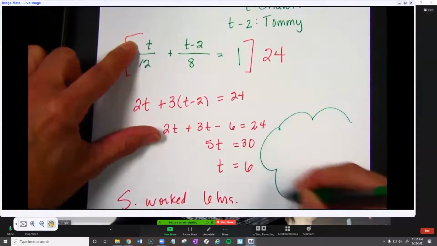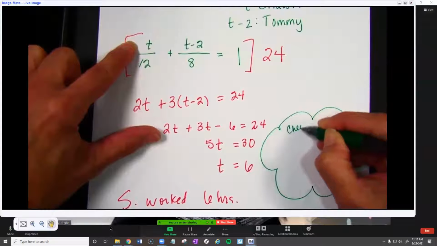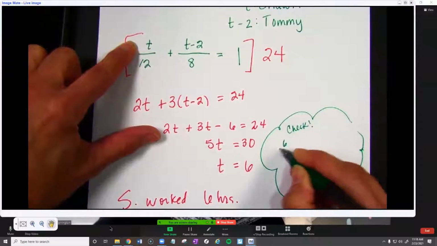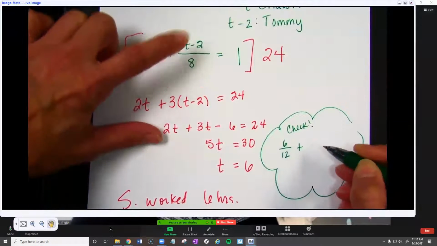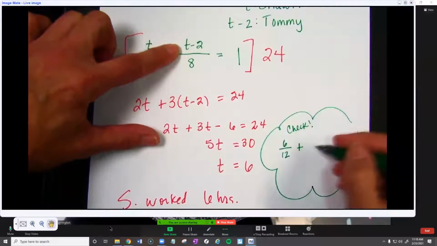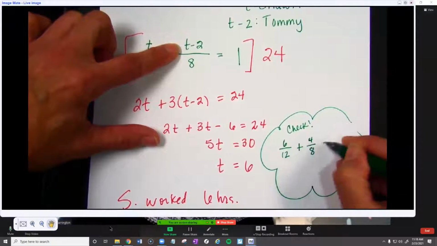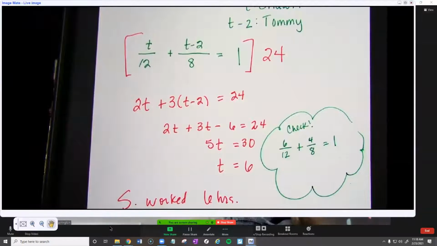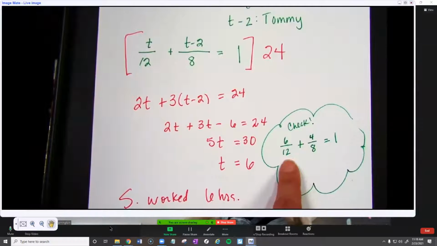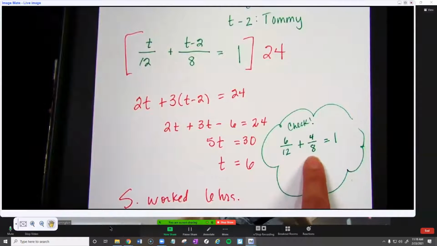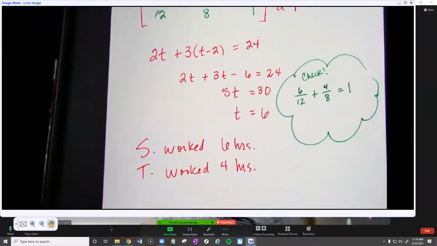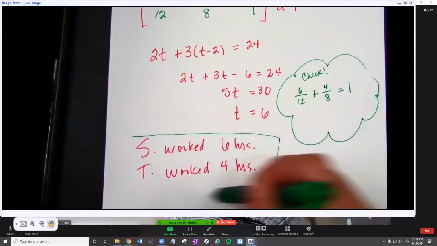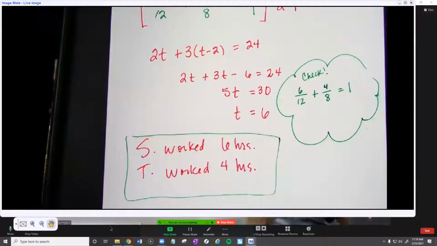So when I check it, it's going to be 6 over 12 plus 4 over 8. Y'all, what is 6 over 12 simplified to? That's a half. What's a half plus a half? A whole. I feel pretty confident that I got this test question right. So you can plug in and check.